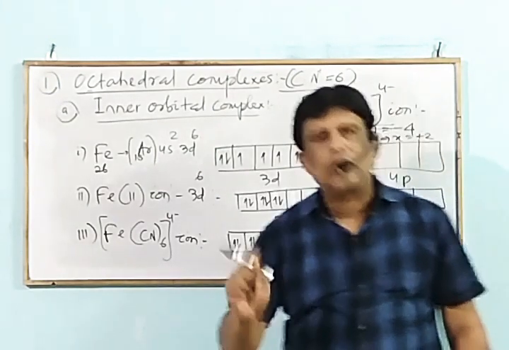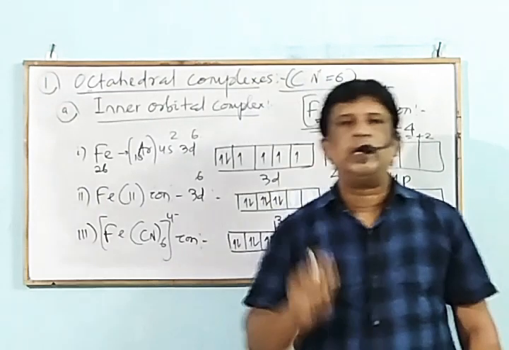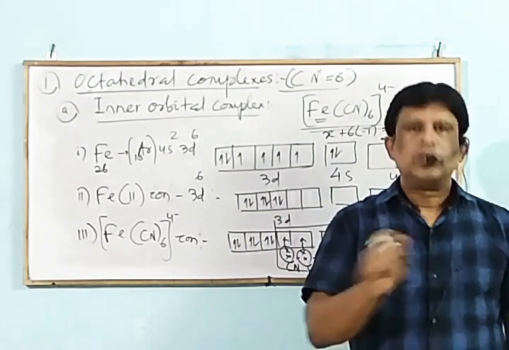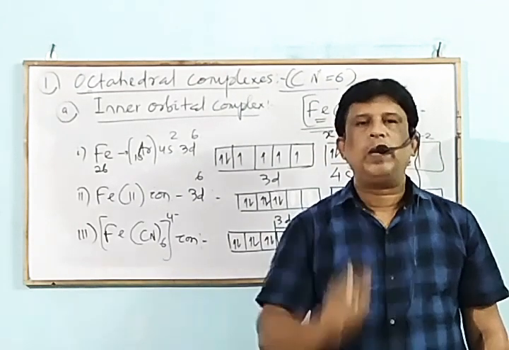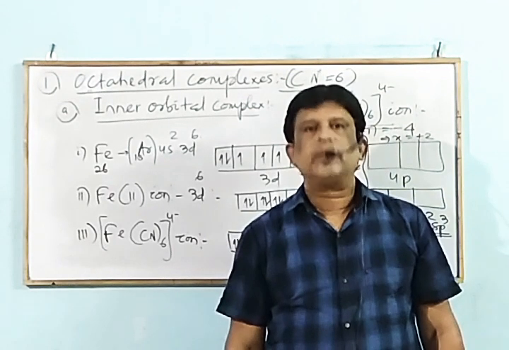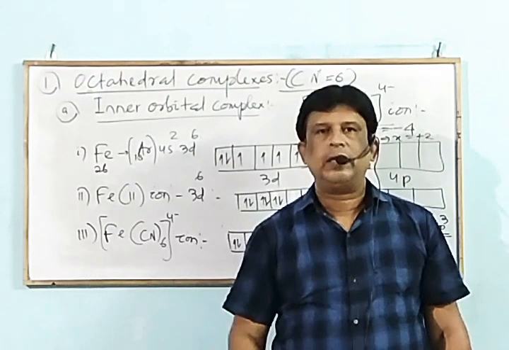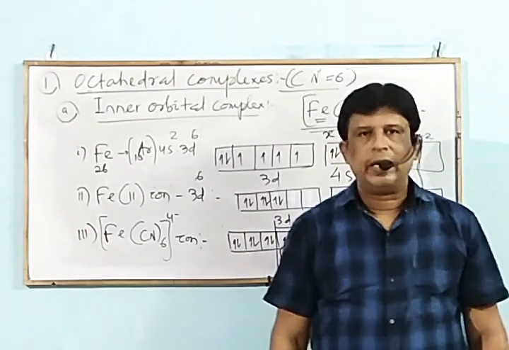As (n-1)d orbitals are involved in bond formation in hybridization, it is known as inner orbital complex, low spin complex, and as there is absence of unpaired electrons, the magnetic character is diamagnetic, and the expected hybridization is d2sp3 hybridization.